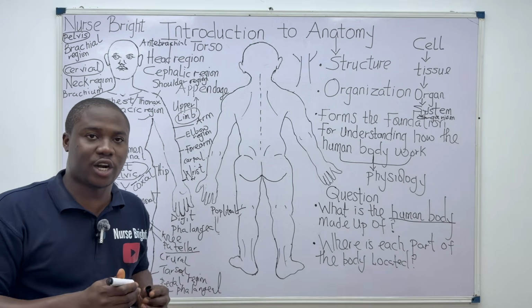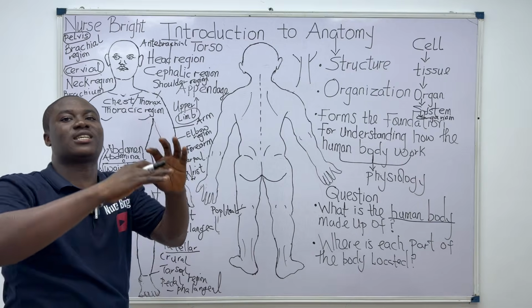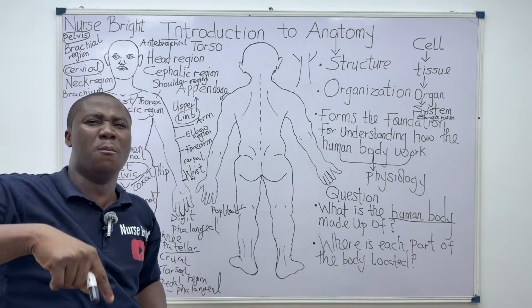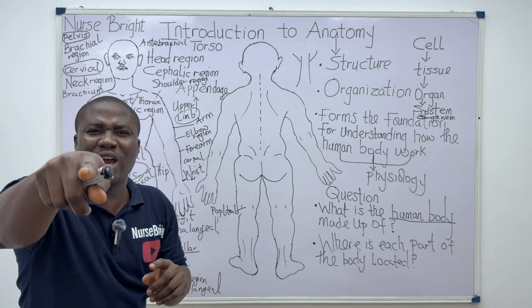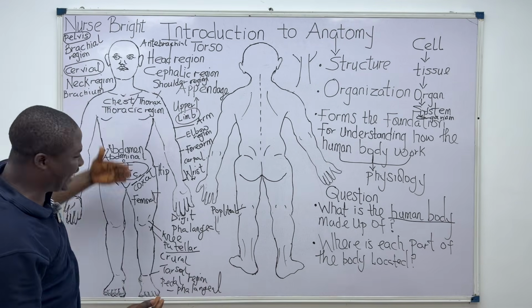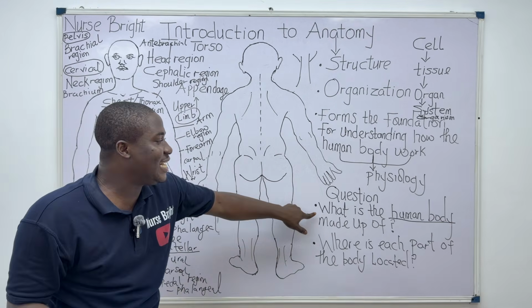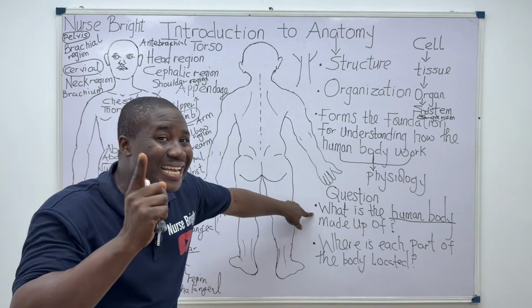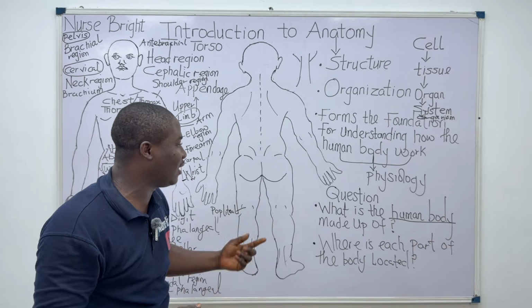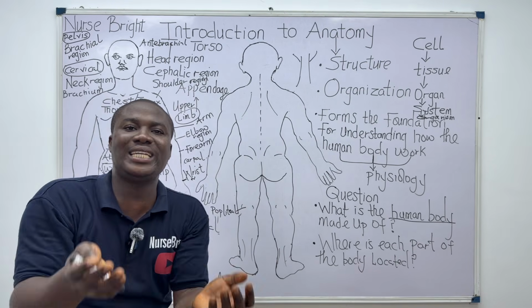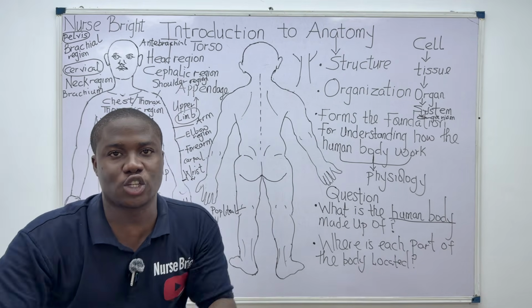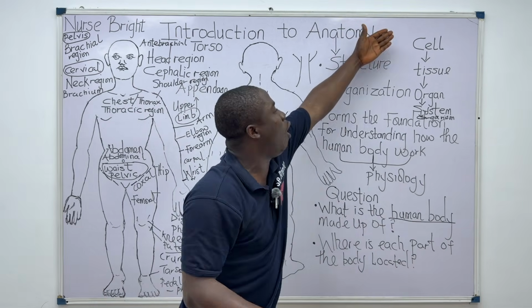Are you seeing how it works? So you can see the different regions of the human body. See, listen, the question you asked me, what brought us here, is simply this first question that anatomy has helped us to understand: what is the body made up of? We said that the body is made up of structures of different sizes and complexity.